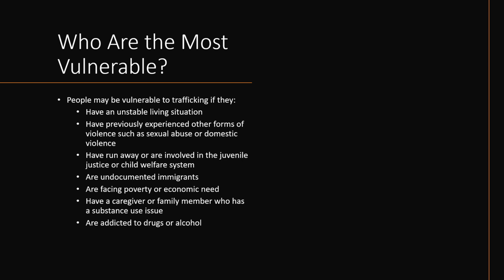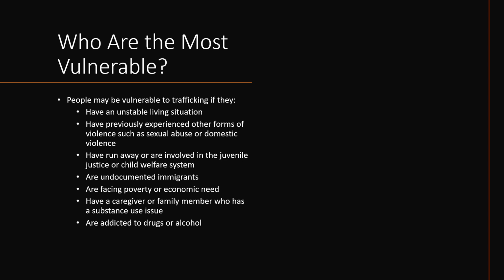So, who are the most vulnerable populations to be trafficked? I talked a little bit about this, but trafficking victims typically come from unstable living situations, and they've been victims of different types of abuse before. There is a high correlation between juvenile justice or child welfare involvement and trafficking.